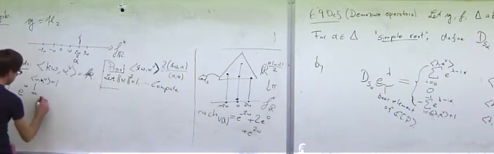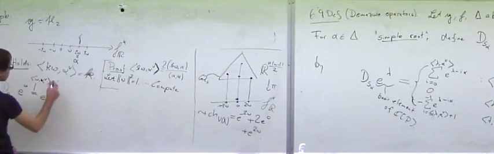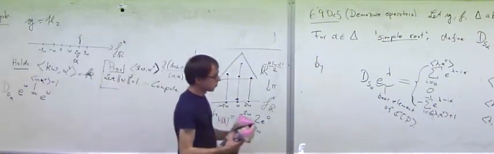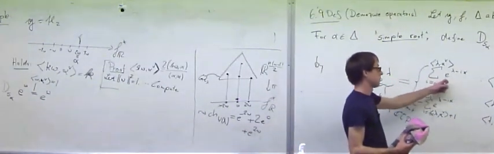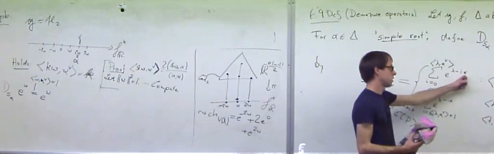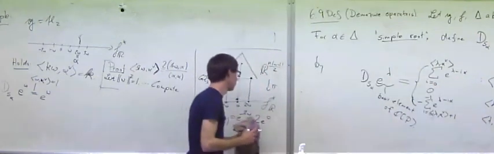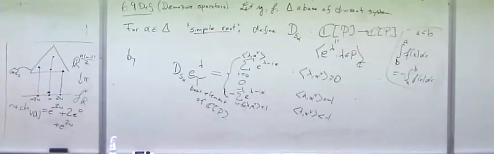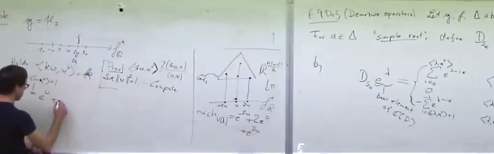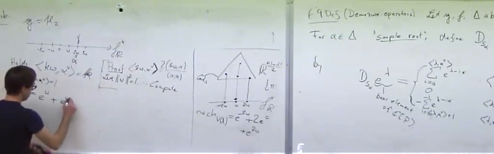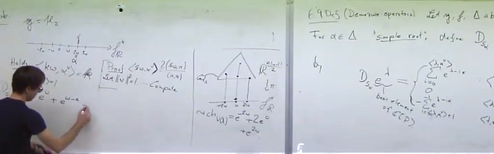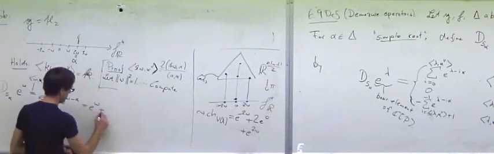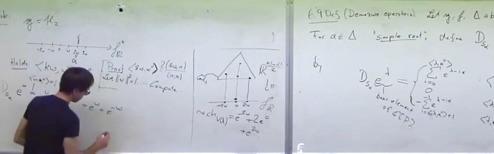So what I get is e to the omega. So it's 1, so we're in the first case. So I have to subtract the number of alphas. Here I subtracted 0, and then I have to subtract 1. So this is e to the omega minus alpha. And well, this is just minus omega. So this is e to the omega plus e to the minus omega.